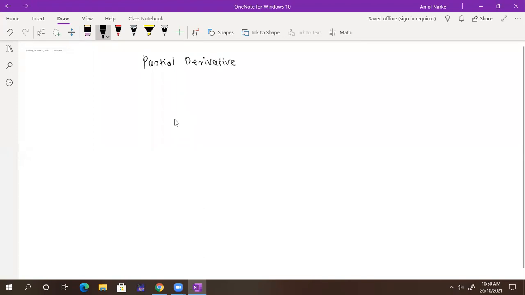Now tell me, everyone, what is meant by the first, a total derivative or ordinary derivative? Sometimes it is also called a total derivative. So we just differentiate the function with respect to any variable.